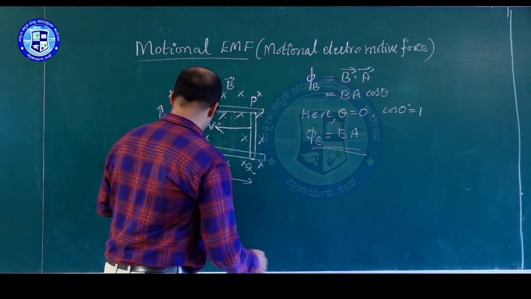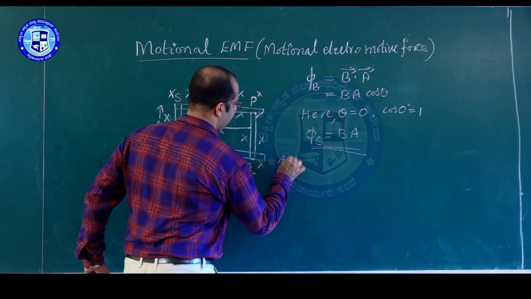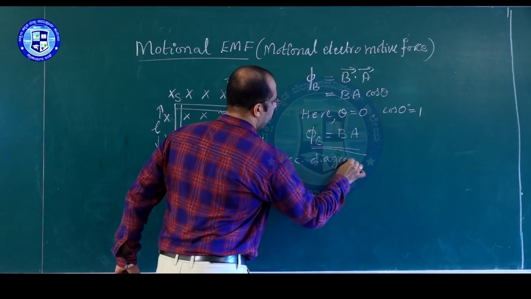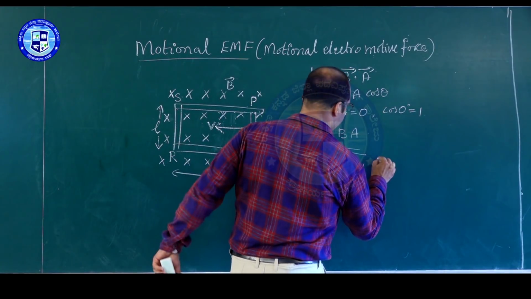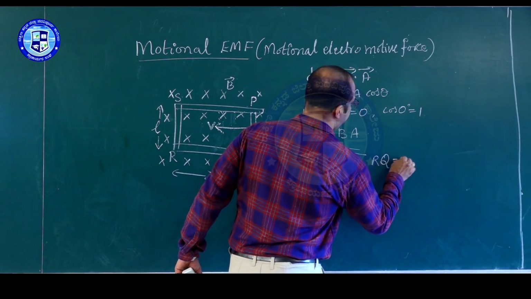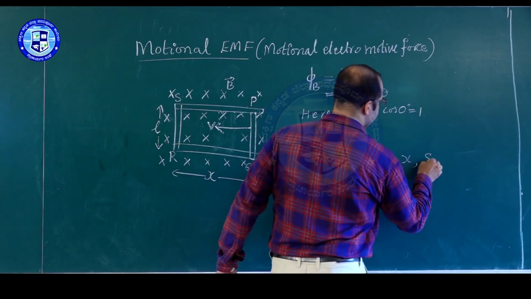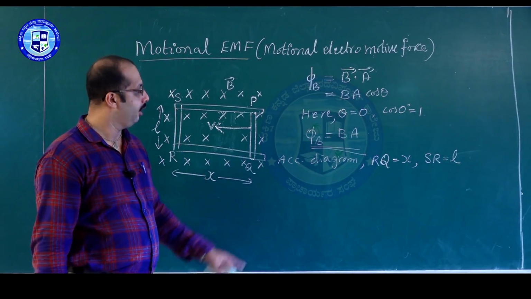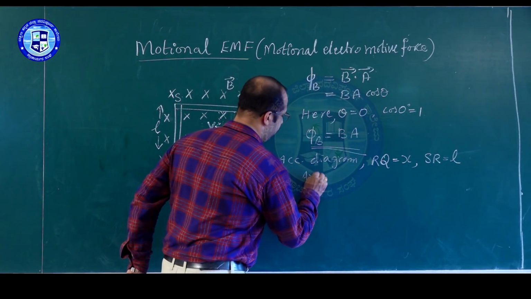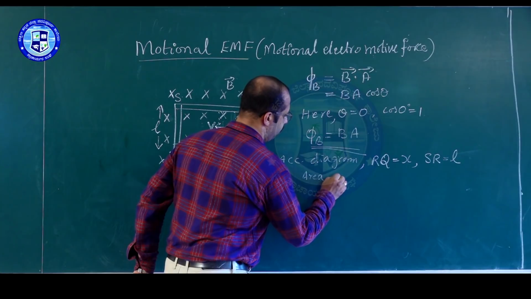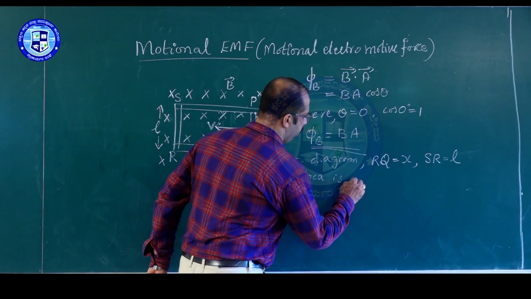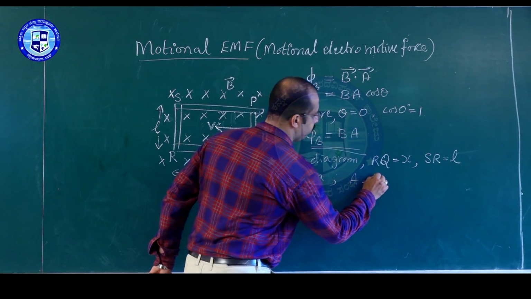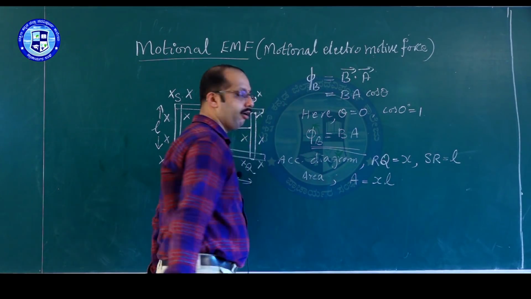Now according to the diagram, RQ is equal to X and SR is equal to L. Now the area A is equal to X into L, or Lx.